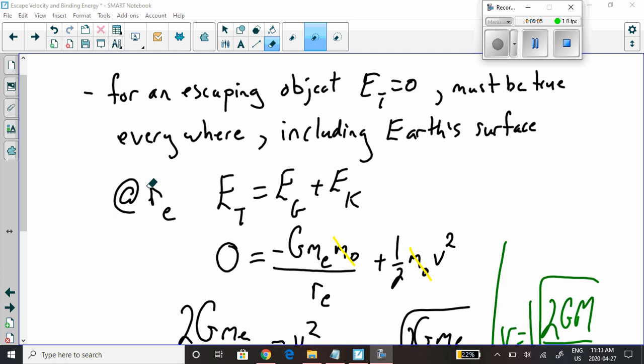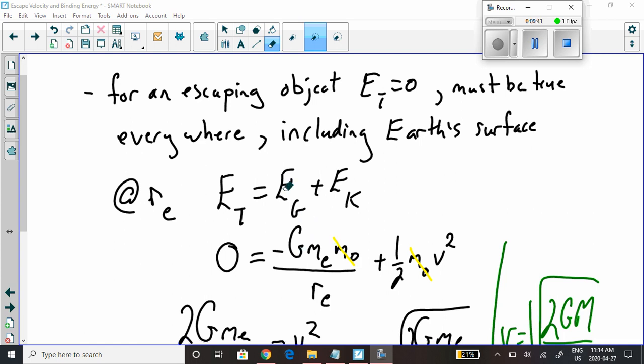If it escapes the Earth's gravitational pull, by definition, the total energy has to be zero. It's being shot up fast enough so it can leave the Earth's gravitational pull. Having E_T equals zero literally defines that it has enough total energy to escape. That's by definition.